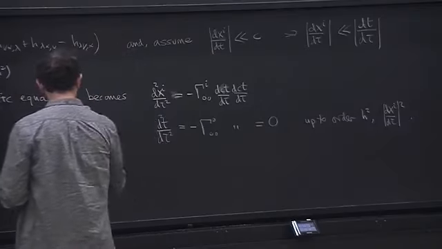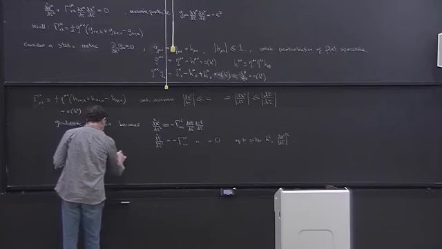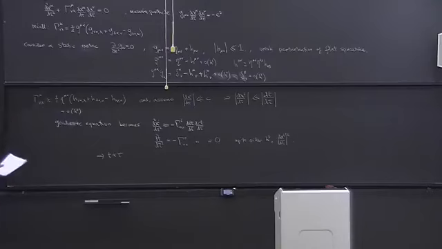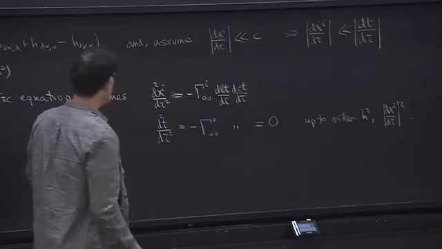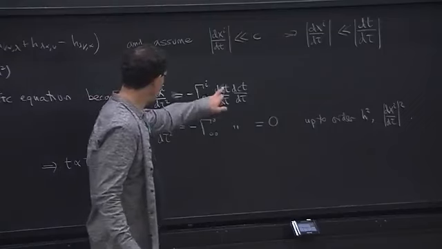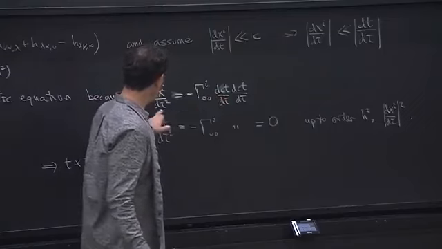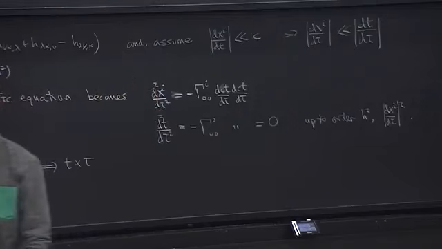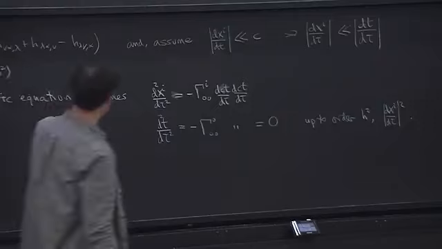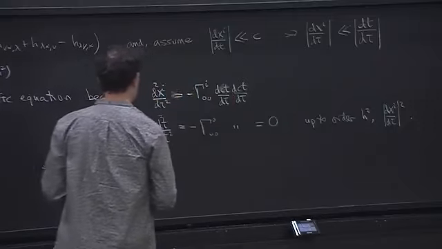Now, this equation implies that t is proportional to tau, because the second derivative of t vanishes. But if t is proportional to tau, then d tau is a constant times dt, right? And so I can just cancel these two d taus here and divide by the t's.